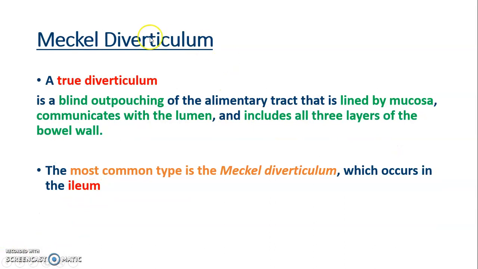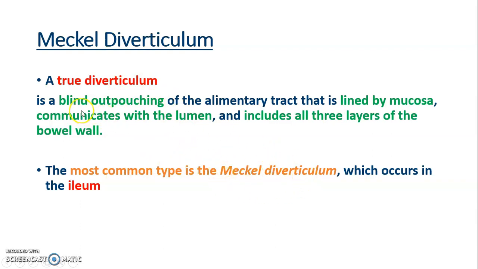Now the Meckel's diverticulum is an important congenital abnormality. It is a true diverticulum. So Meckel's diverticulum is a true diverticulum. The most common type of true diverticulum is Meckel's diverticulum.